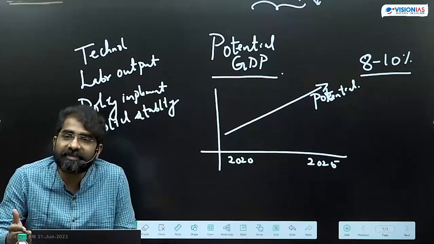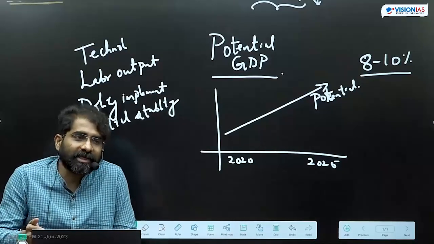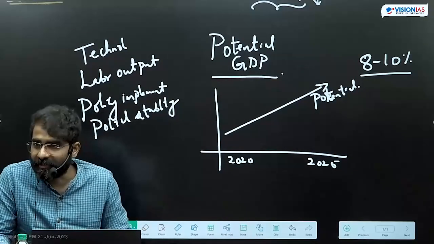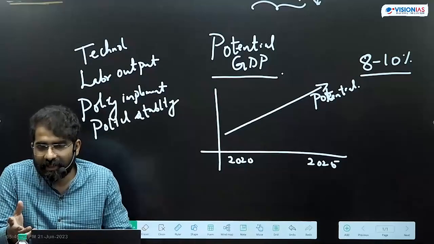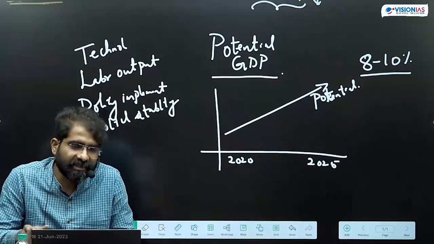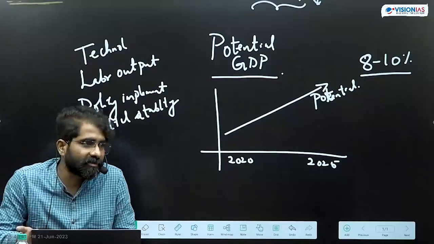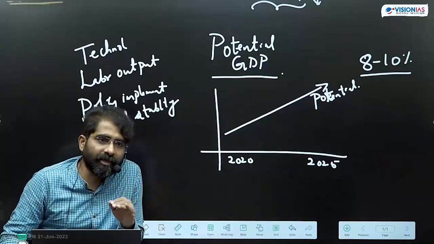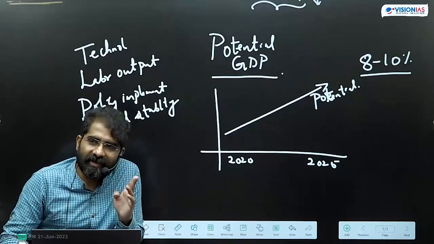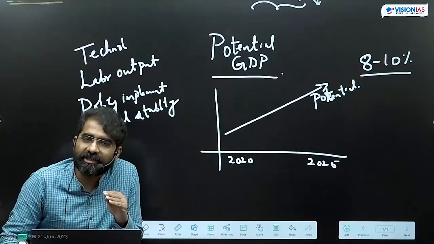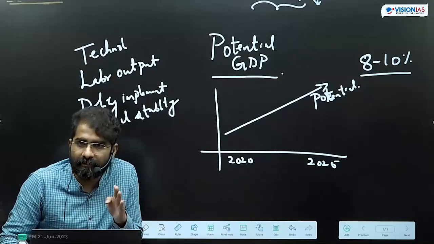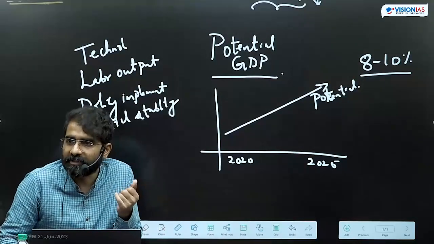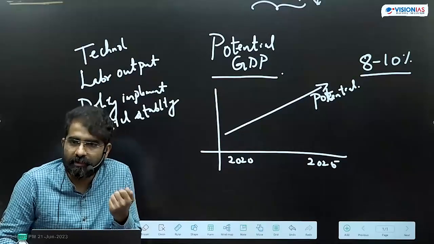So in the prelims, if he is saying potential GDP is the maximum value which it can achieve without inflation, it is the same as the real value of goods and services that can be produced when a country's factors of production are fully employed. Is that clear? That means it is Q into P. When you take it as real value, that means I'm calculating the potential GDP at base year prices, or 2011-12 prices. That means you are removing the inflationary effect.